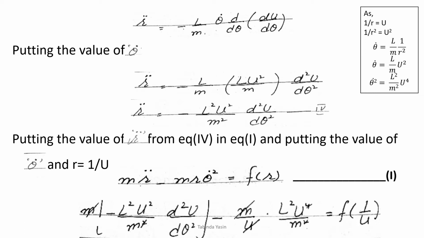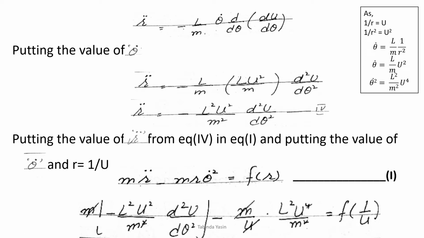Putting the value of r double dot from equation 4 in equation 1 previously mentioned, and putting the value of theta dot and the value of r equal to 1 over u, as we have the equation m r double dot minus m r theta dot square is equal to f of r. That is equation number 1. Now substituting the value of r double dot and the value of r and the value of theta dot square, that is L square u power 4 over m power 2.